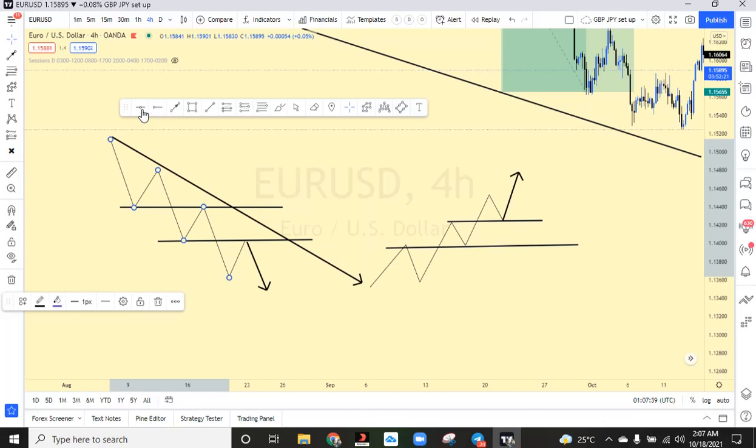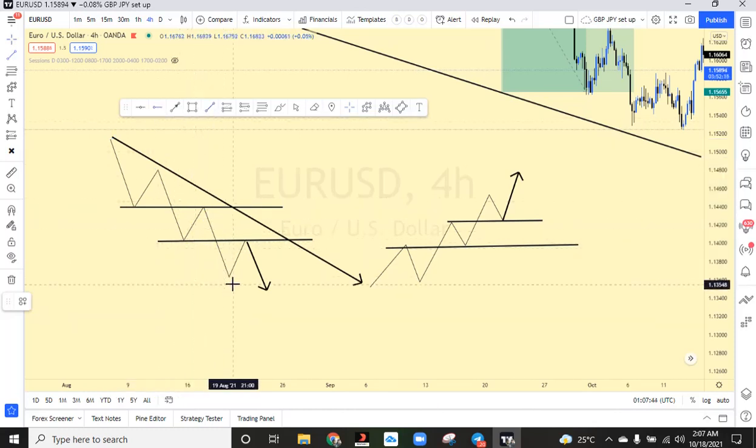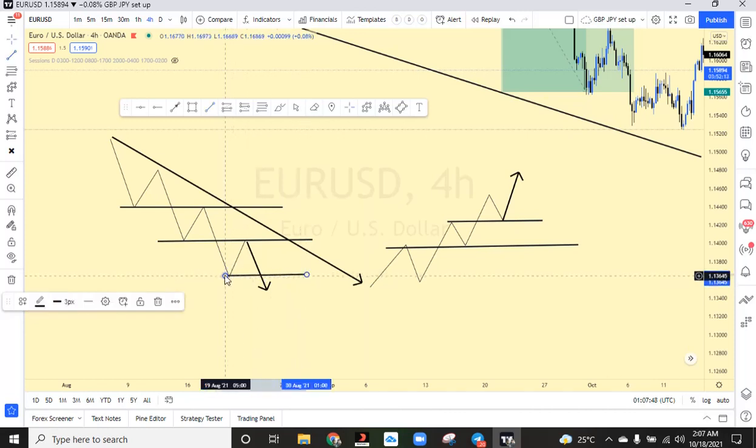Price found another support somewhere around here, and with the support on this zone, price pushed back to the upside and then got resisted at the previous support zone.